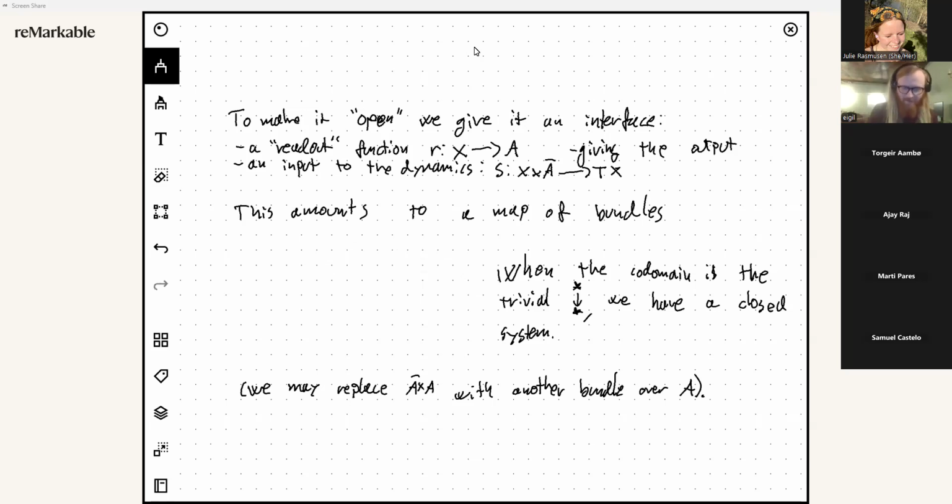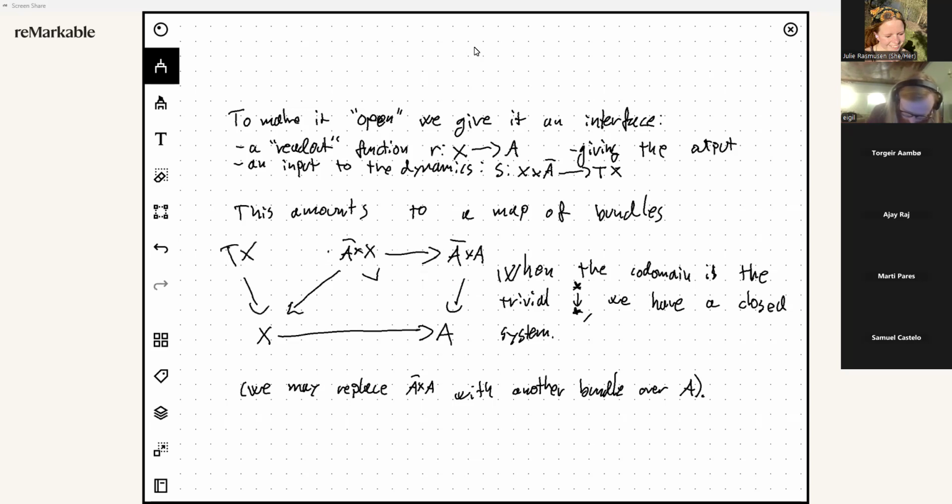So this is a map of bundles from x times a bar to tx. There we go.